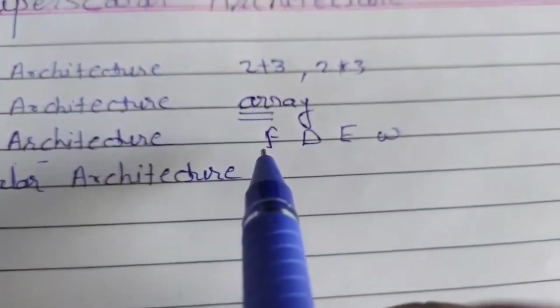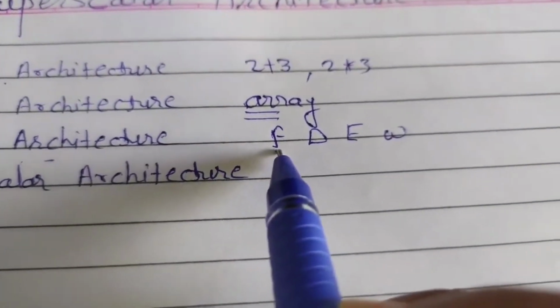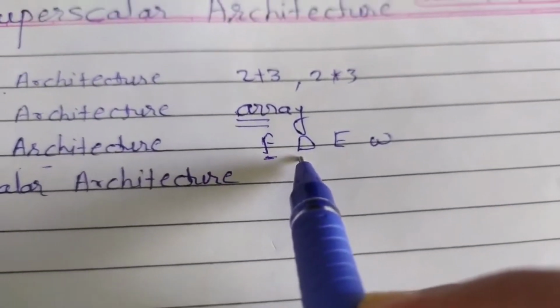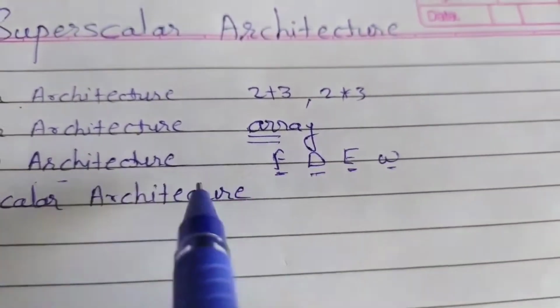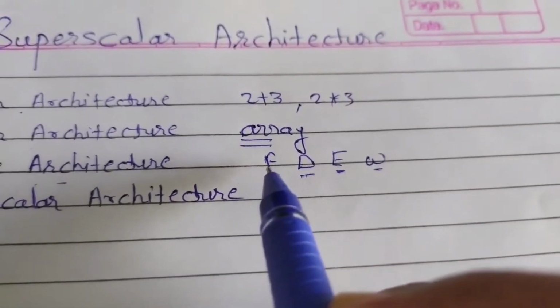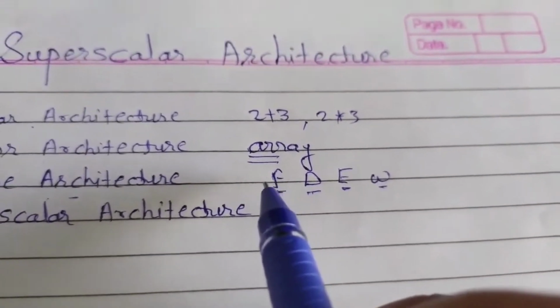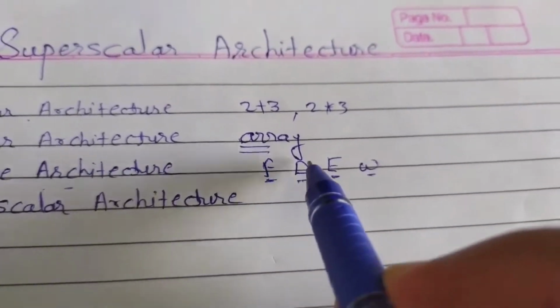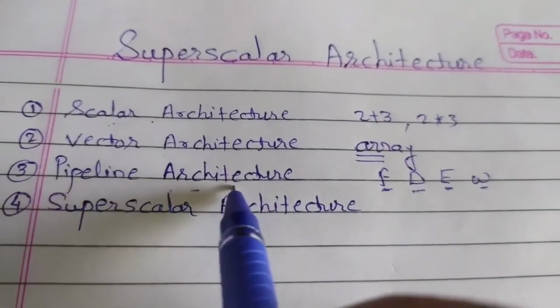In the first cycle, one instruction follows the fetch stage, then the decode stage, then the execute stage, and then the write back stage. Once the first instruction has completed the fetch stage, another instruction can come into the fetch stage, while at the same time the first instruction will be in the decode stage. Likewise. So this is called pipeline architecture.